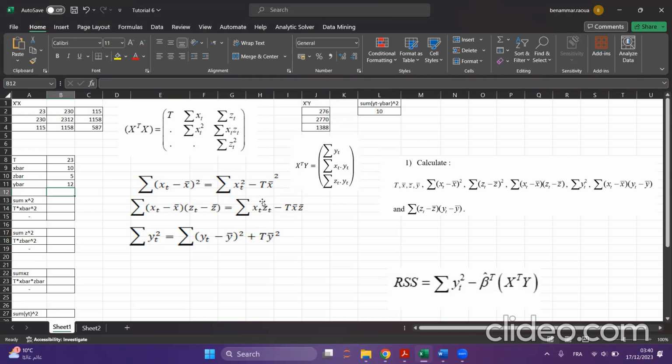Okay, so next we are asked to calculate the sum of xt minus x bar squared, which is, as we discussed before, equal to the sum of xt squared minus T x bar squared. So the sum of xt squared can be found here in XTX.